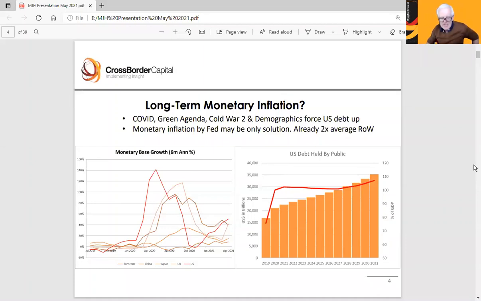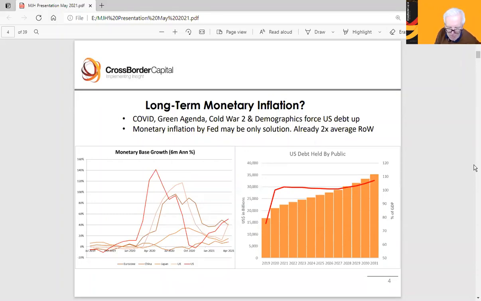Now, the reason for highlighting this chart is that you can see very clearly the responses of different countries to the COVID emergency. Pretty much everybody, with perhaps the exception of China and to a limited extent Japan, addressed the crisis very quickly. Certainly that was true in the US, it was true for the UK, it was true for the Euro area.